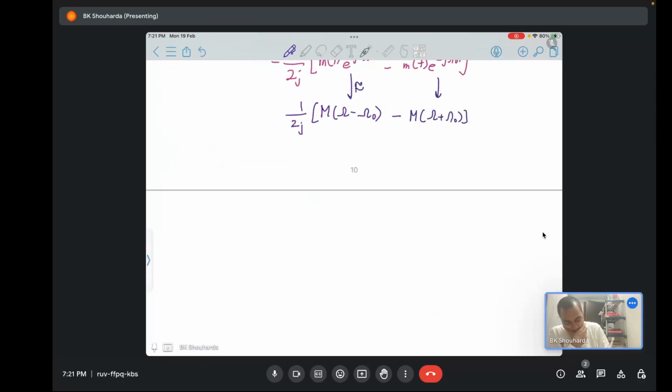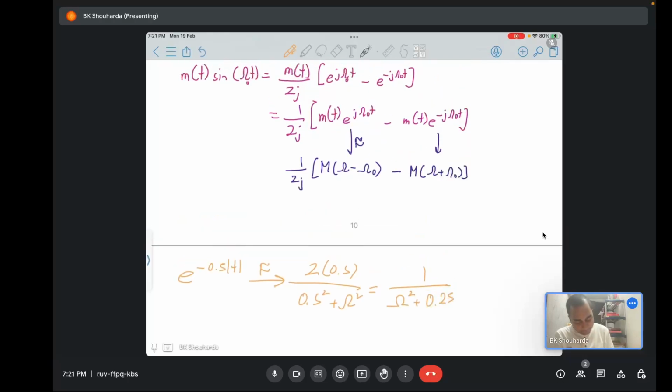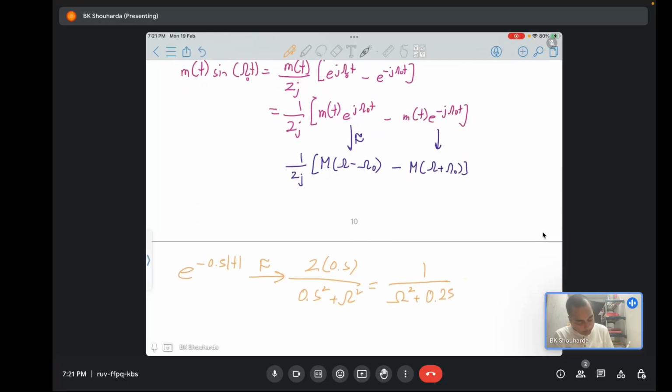We have e to the minus 0.5 mod t, whose Fourier transform can be written as 2 into 0.5 upon omega square plus 0.25. Okay, and that's our M of omega.